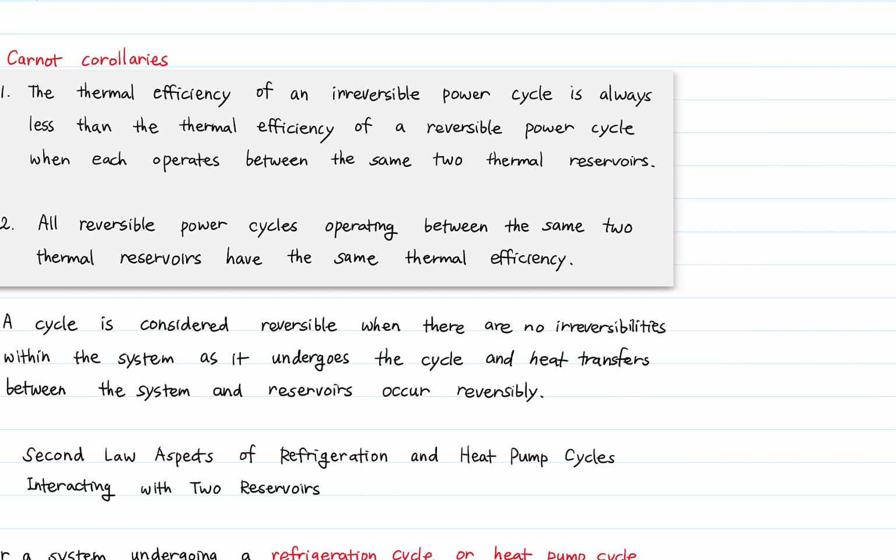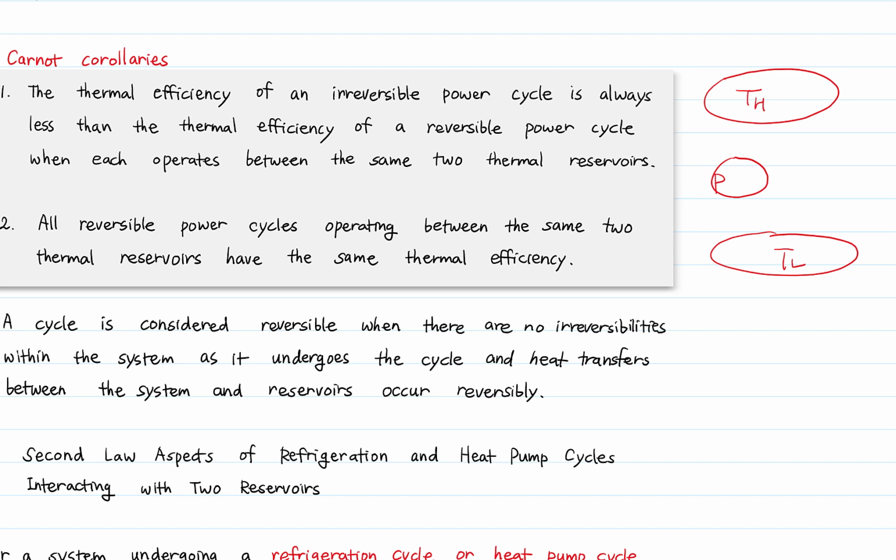So let's think about the high temperature reservoir at temperature TH, and the low temperature reservoir at temperature TL. And consider a power cycle operating between the two reservoirs.